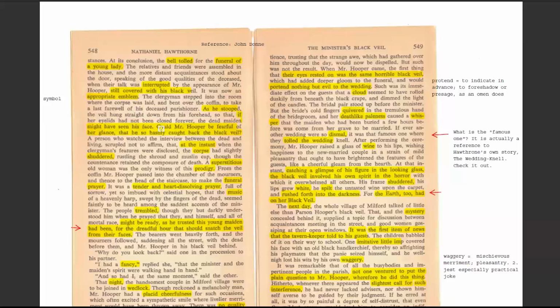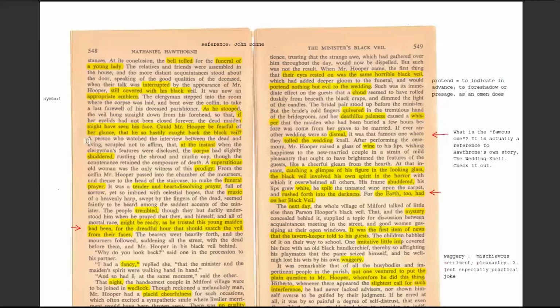Very important, right? Could Mr. Hooper be fearful of what her glance might be, that he hastily caught back the black veil? He leaned over to say goodbye. He realized the veil was revealing his face, and he caught it and put it back over his face.